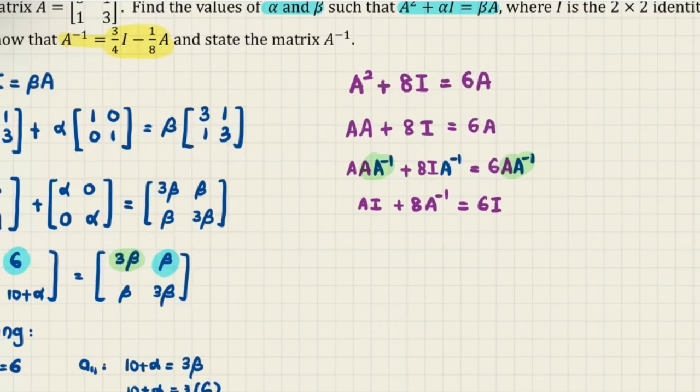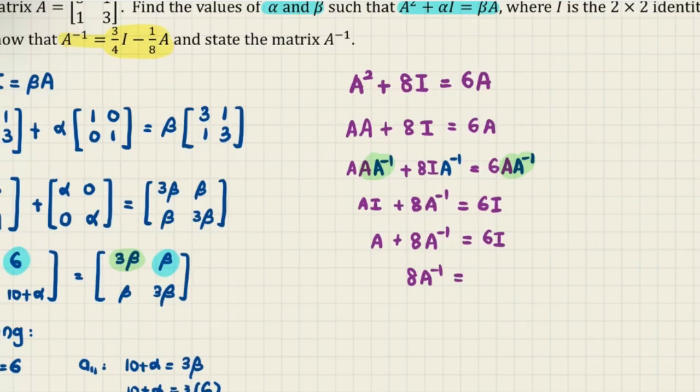Okay, so now AI akan jadi A plus 8A inverse will be equals to 6I. So jadikan A inverse sebagai subjek.